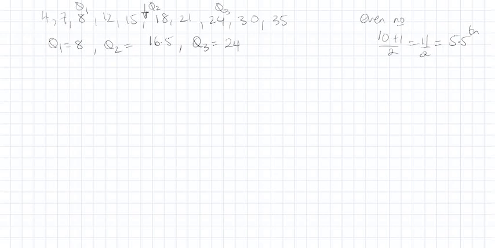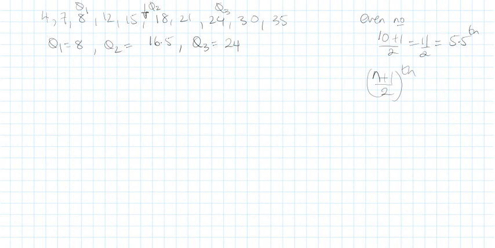So if you have an even number in the data set, so here we have 10 numbers, that's an even number. To locate the median, you can do 10 plus 1 divided by 2. So if the number is even, you can do n plus 1 divided by 2, because that gives you a rank, and this is where the median will be found.